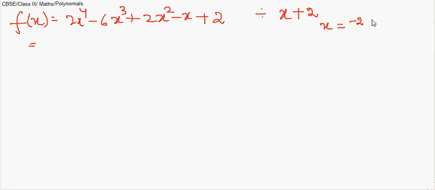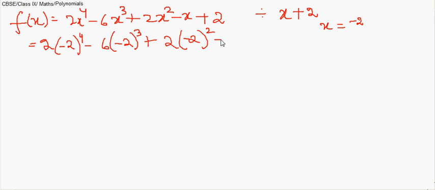Sorry, we are not supposed to check whether it is 0 or not. We actually have to find the remainder by substituting x to be minus 2. Minus 2 to the power 4 is 16, 16 times 2 will be 32, and the minus 2 cubed term gives minus 8, minus 6 times that is plus 48.